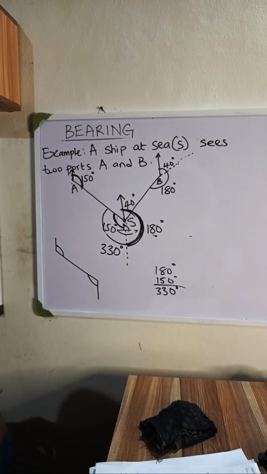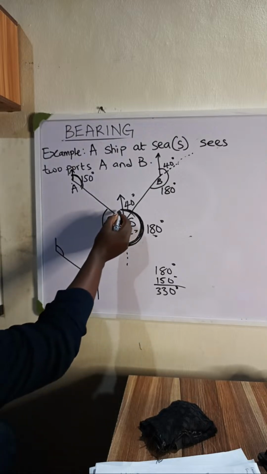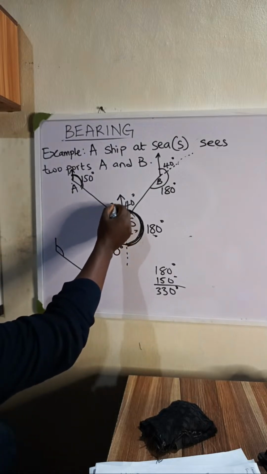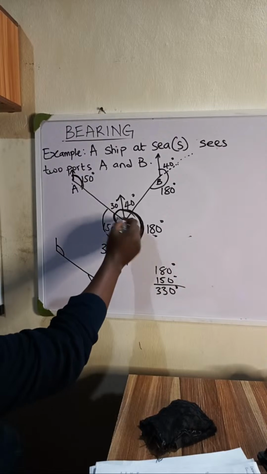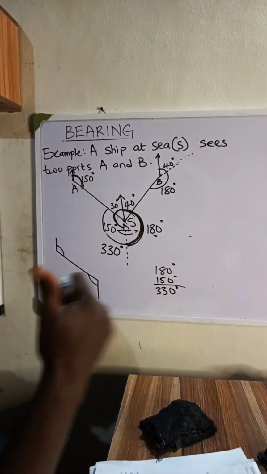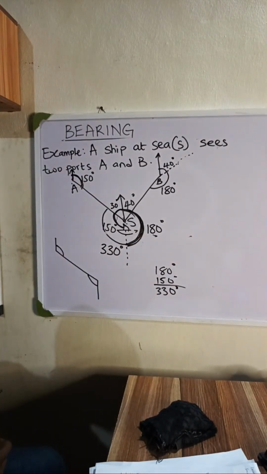That could also work. That's correct. Because this angle here will be 30 degrees. If you have a straight line this way, if here is 150, here will be 30. That's also correct. Okay.